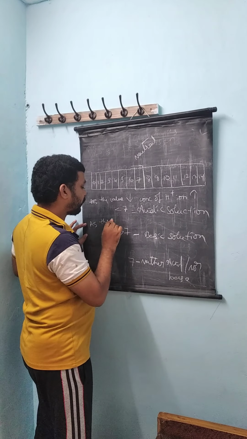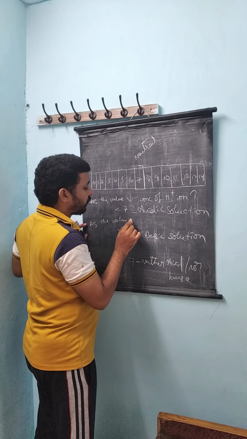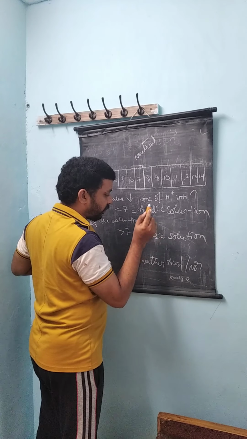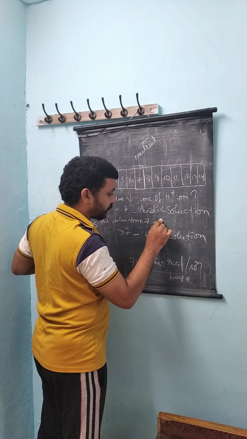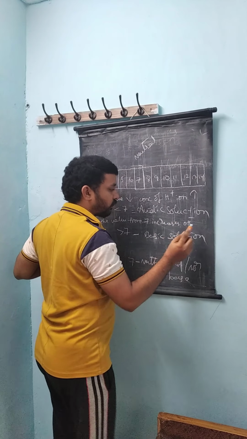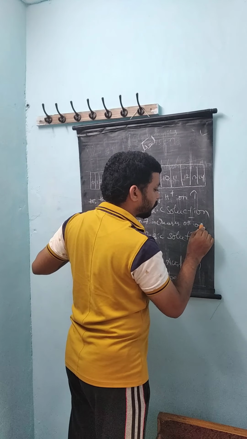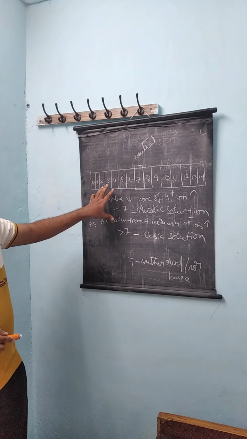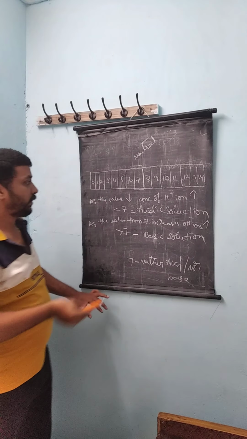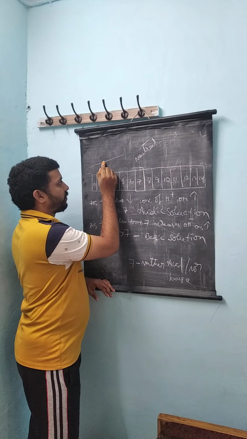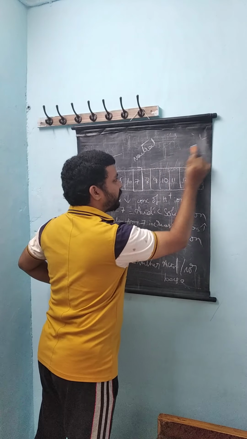As the value from 7 increases, OH minus ions also increase. Listen carefully to the main point of this topic. Less than 7, like this, and greater than 7 means like this.